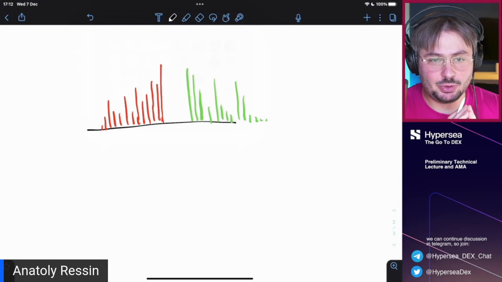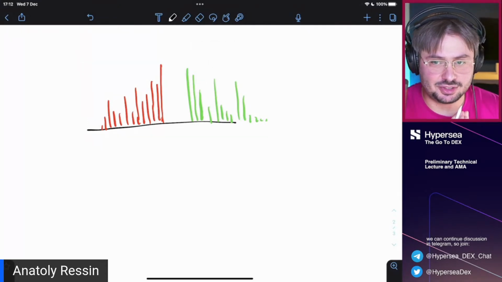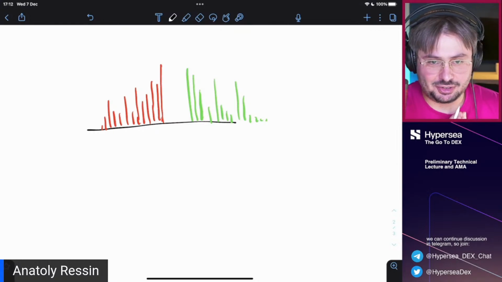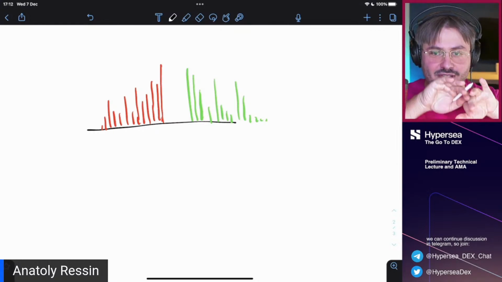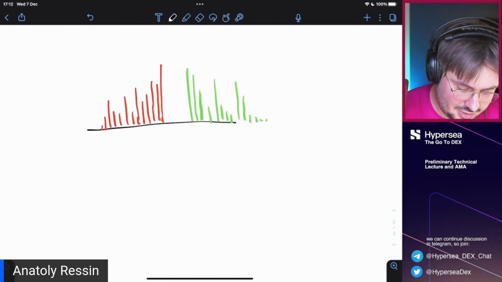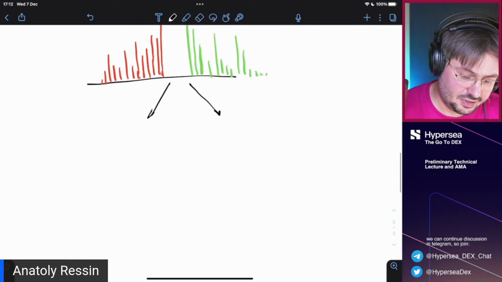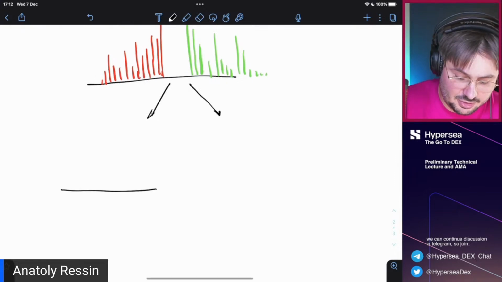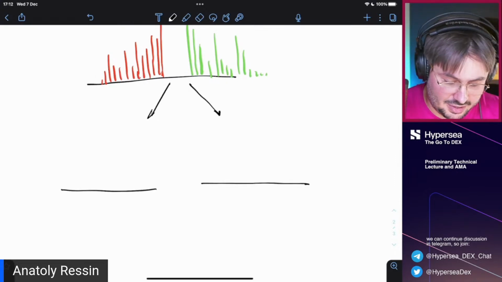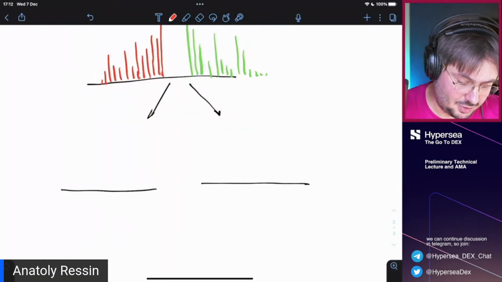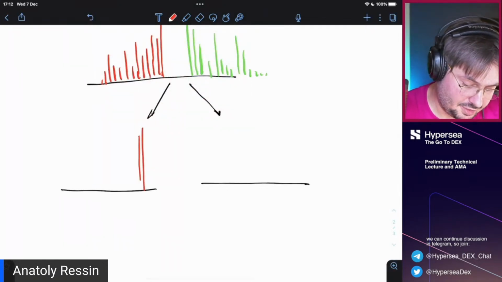But if you knew which users are market makers and which are just limit order traders, and you separated them, then you would see these two types of graphs. So the first type of graph will look like this.